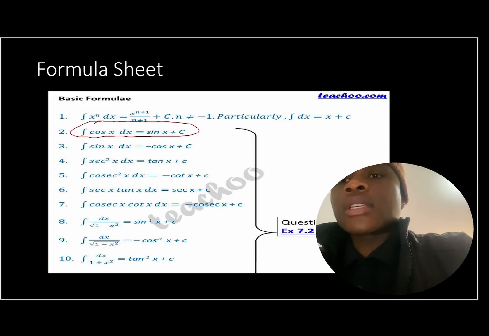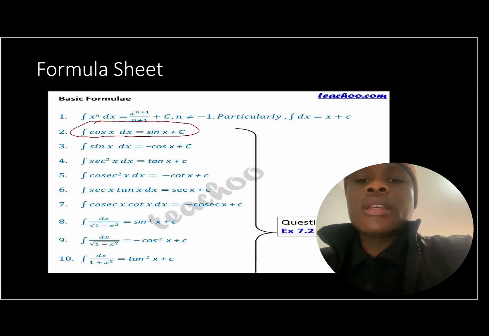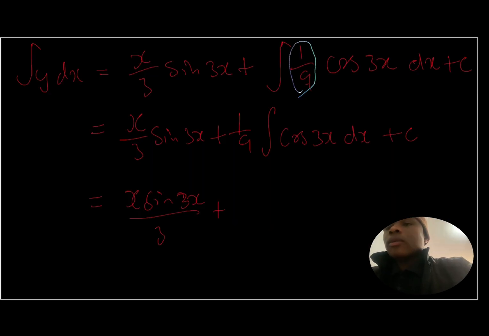The integral of cos x is sin x, right? But in this case, we have 3x, therefore we need the derivative of the inside, we need 3. It will be 1 over 3 times sin 3x plus c.